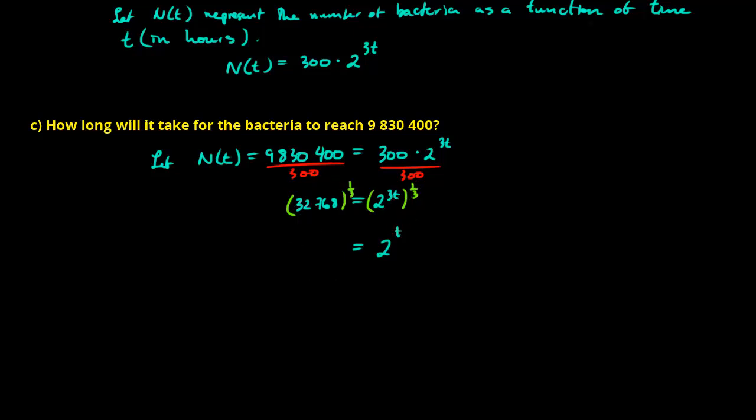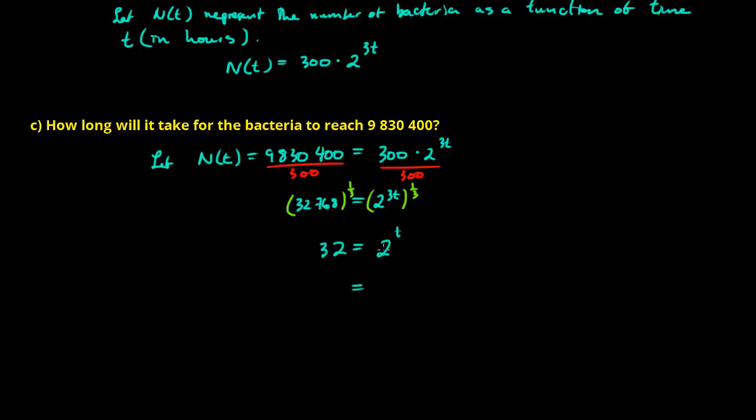On the left side, I'm raising 32,768 to the power of 1/3, and that's the same thing as taking the cube root of 32,768. If I take the cube root of this number, I get 32.